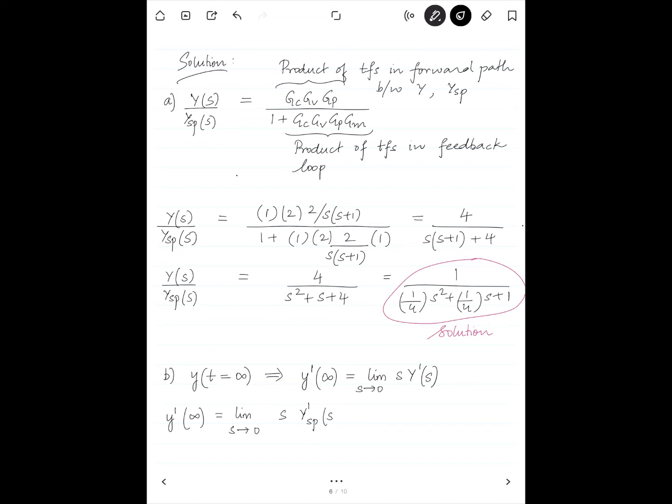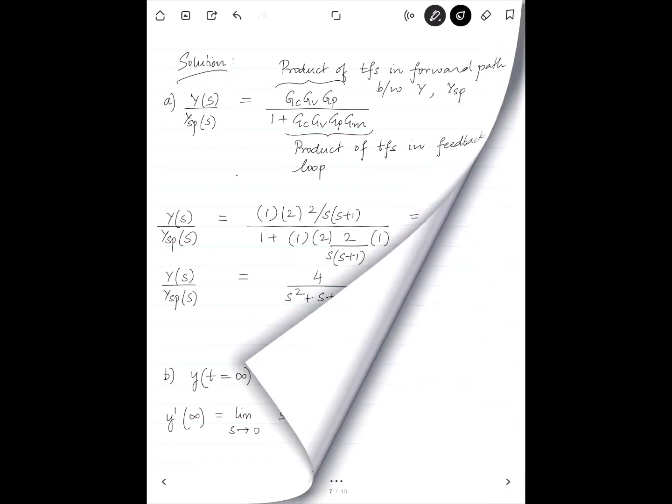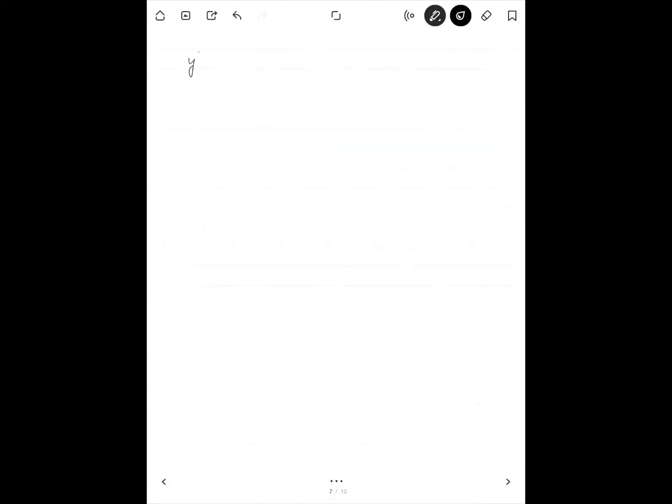And so we would just have limit s tends to 0, s times ysp of s in deviation form times the transfer function. It's just a simple cross multiplication from part A. And so you would have y of infinity equals limit s tending to 0 of 1 over (1/4)s squared plus (1/4)s plus 1.